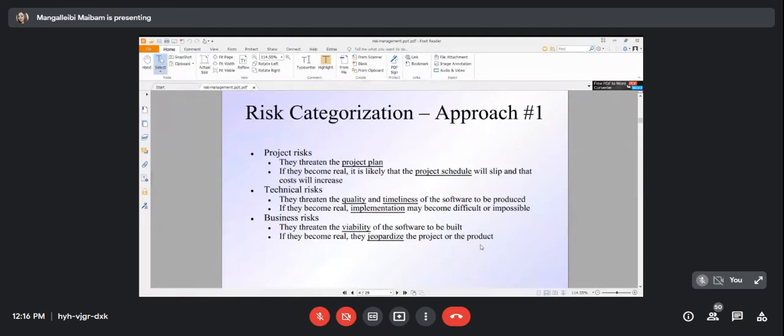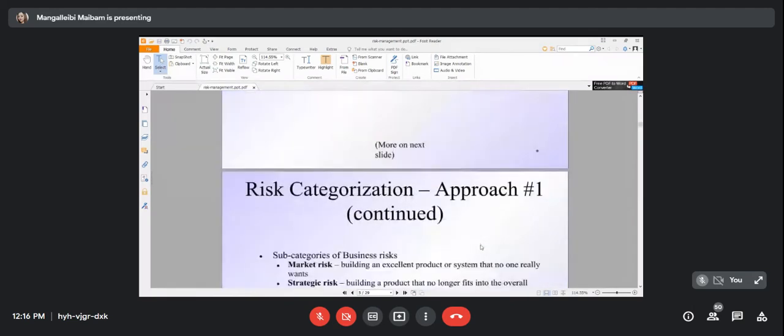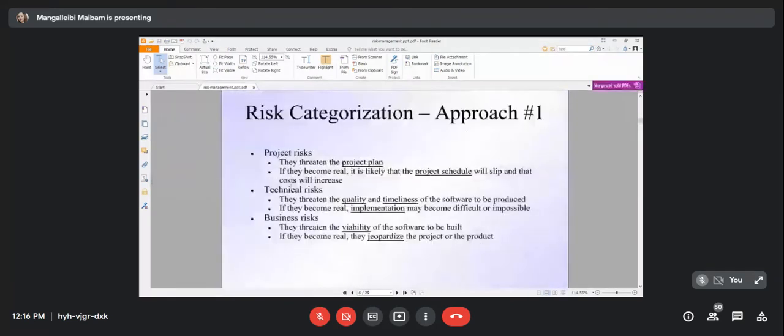Again, risk can be categorized into three different types. You can see here: project risk, second, technical risk, and third, business risk. So we have three types of categories. The first one, project risk, threatens the project plan.